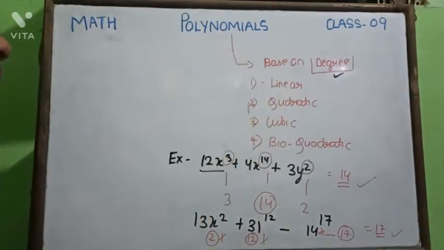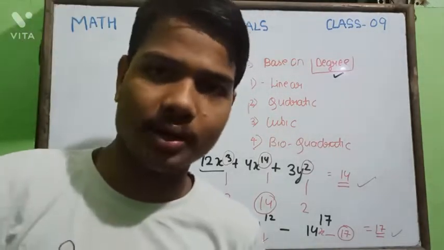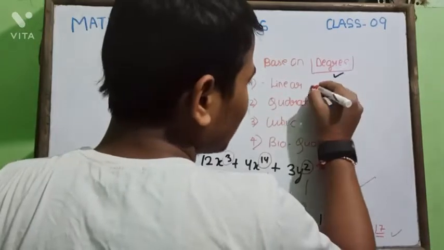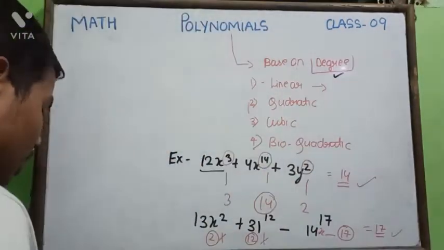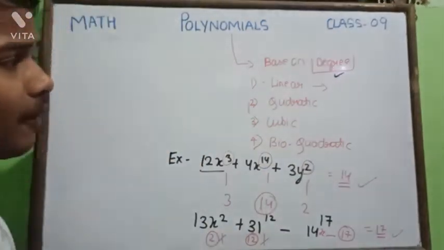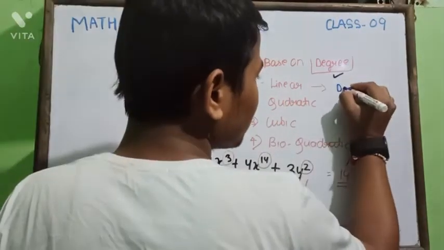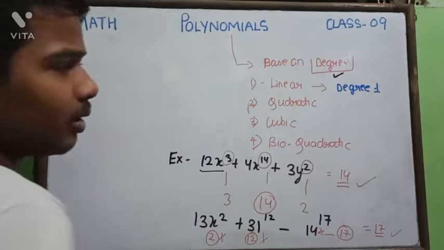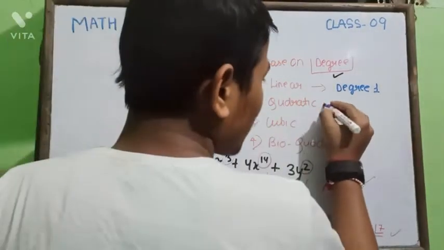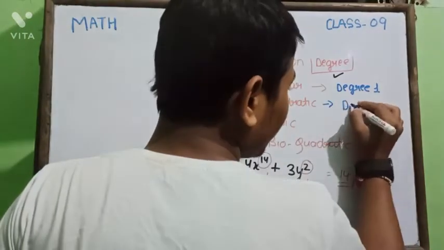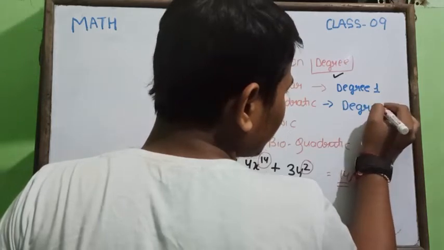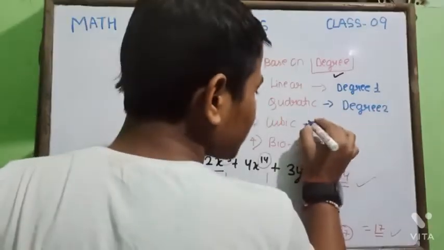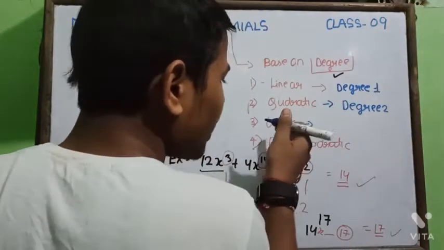Now what is a linear polynomial? Any polynomial having degree 1 is called a linear polynomial. What is quadratic? Having degree 2 is known as quadratic. Let me write: degree 1, degree 2, and cubic.